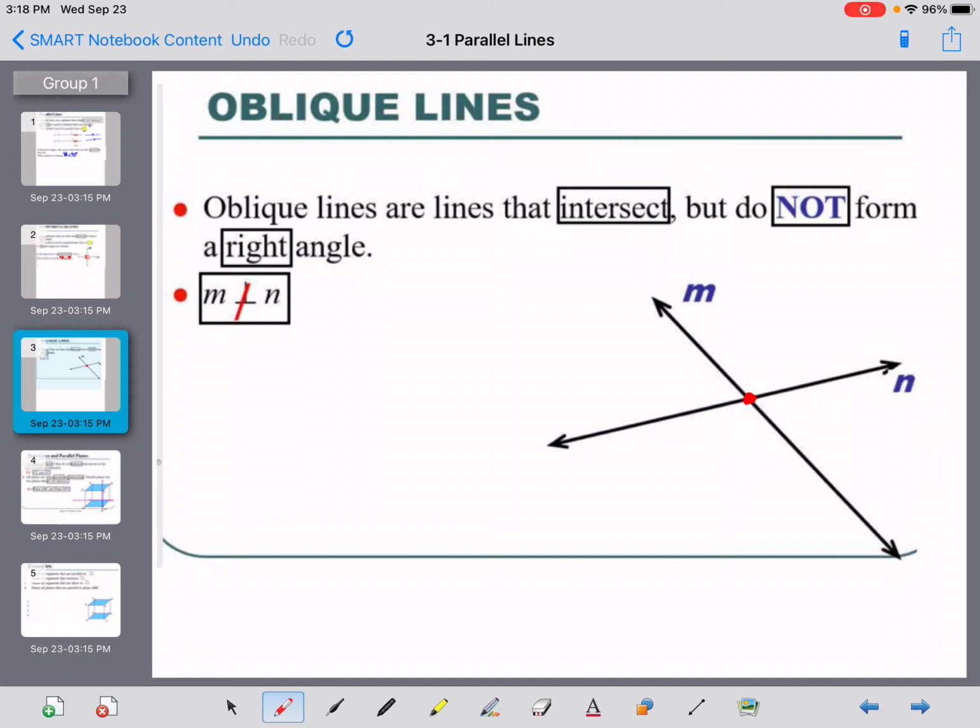So the only way we could really write this symbolically is if we were to say M is not perpendicular to N. There's really not a better way to say that those two lines are just intersecting. Let me put my little line symbols up here. Man, I can't draw a straight line for anything right now.